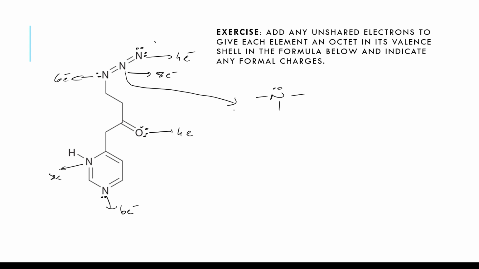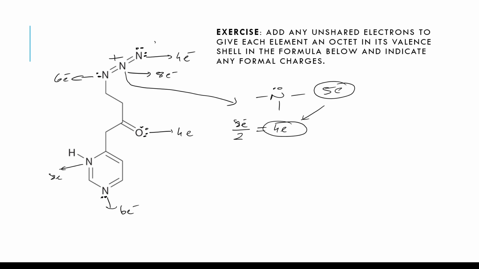In the middle nitrogen, it is surrounded with 8 bonding electrons because it has two double bonds or four bonds. In the four bonds, we have 8 electrons, but half of these electrons belong to nitrogen. So this nitrogen is surrounded with four valence electrons. But we know that in the neutral state, nitrogen should be surrounded with 5 electrons. If it is surrounded with one less electron, meaning that it has a positive formal charge.